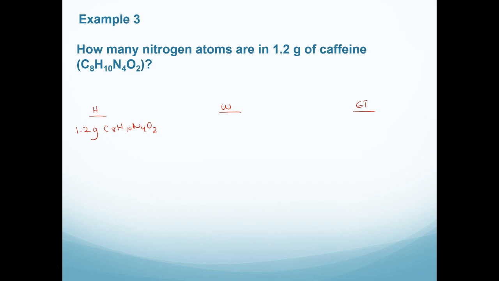Okay, and what I'm being asked are how many nitrogen atoms. So we want N atoms. Okay, let's figure out what goes in our get there, and then I think from now you can go ahead and set up the problem.